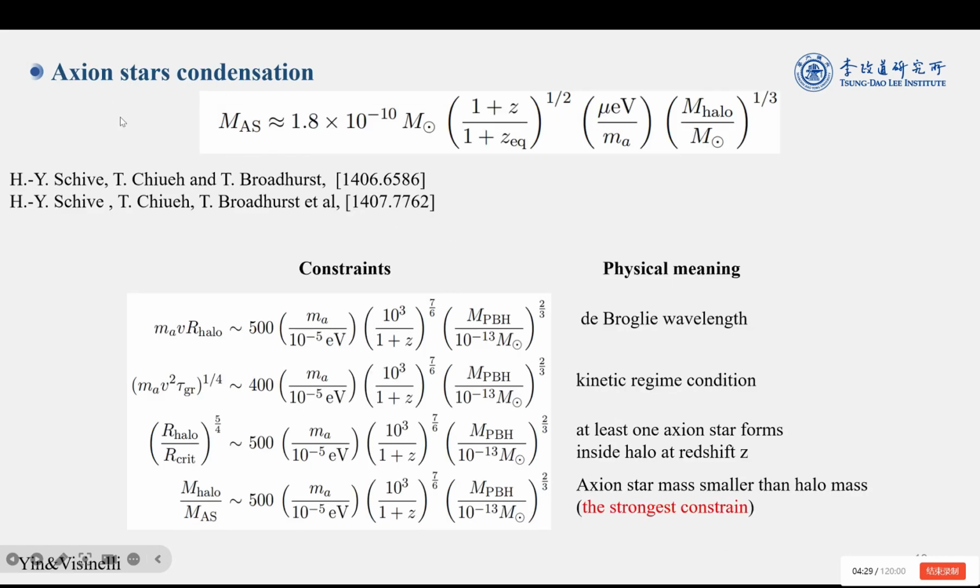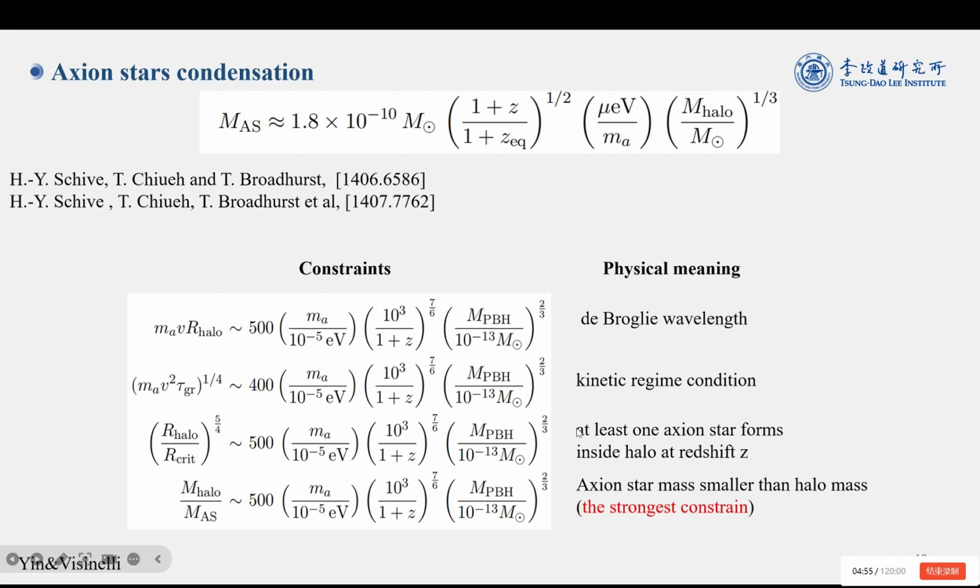And if we consider axion star condensation in that halo, we can find some physical limits for this system. First, the de Broglie wavelength of the axion particle needs to be smaller than the halo radius, and the second is that they need to satisfy the kinetic regime condition to form an axion star.